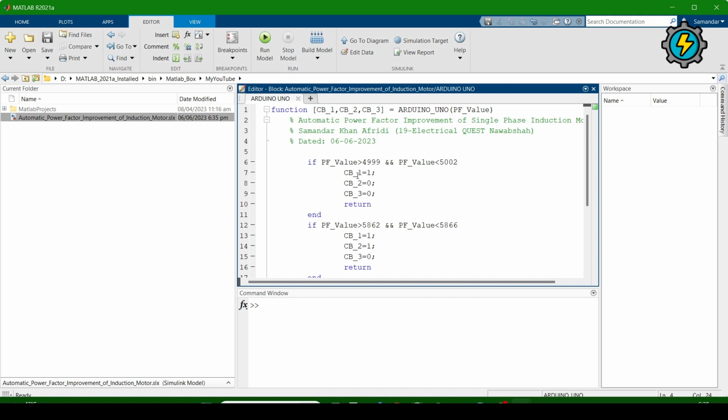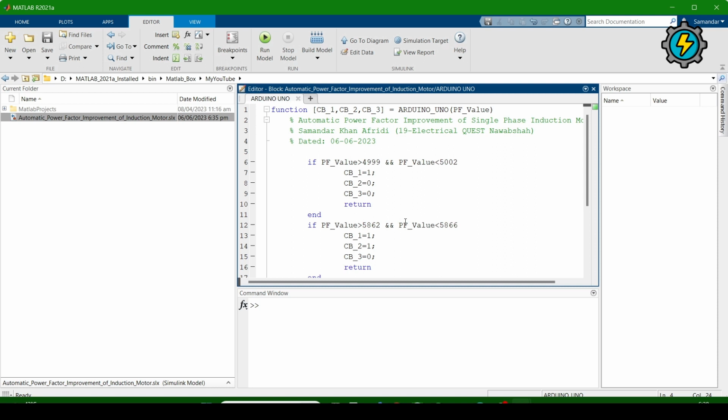After this instruction, the next instructions will be performed: the status of circuit breaker 1 is 1, circuit breaker 2 is 0, and circuit breaker 3 is 0. Now we'll understand how these instructions are performed. First, we will understand how the power factor value depends on the load.